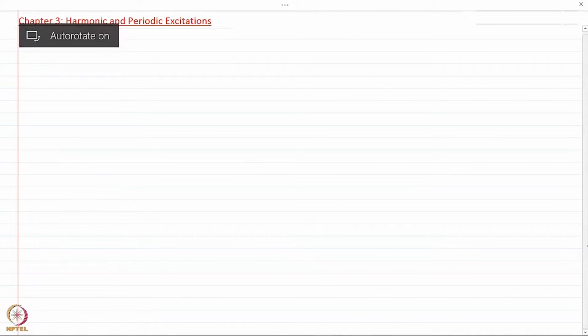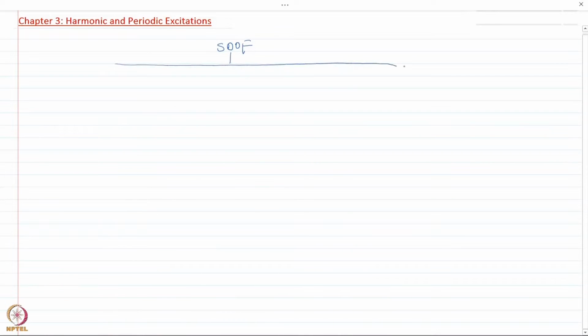So, till now, what we have studied is the response of a single degree of freedom system. Let me draw that chart. Let us say we have a single degree of freedom system. Now, in terms of its response, we could have free vibration, or we could have forced vibration.